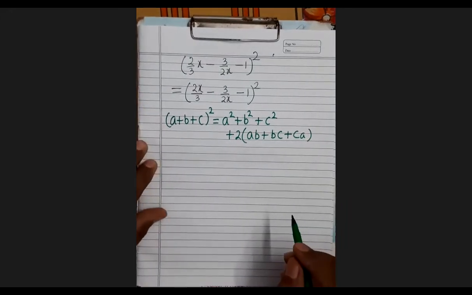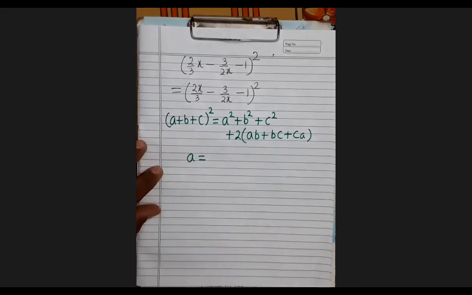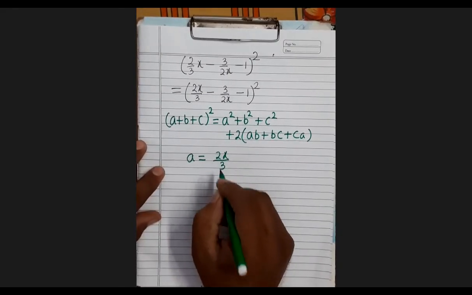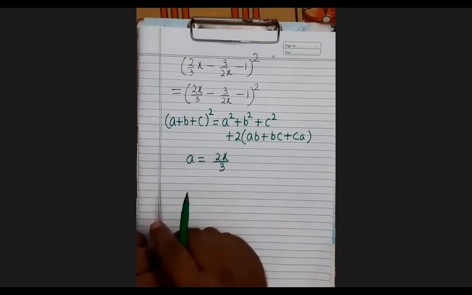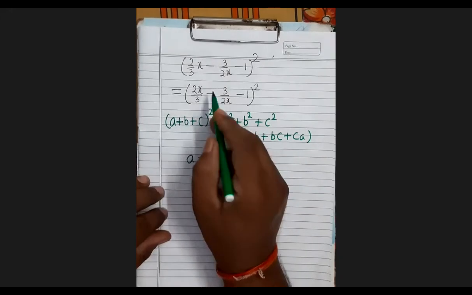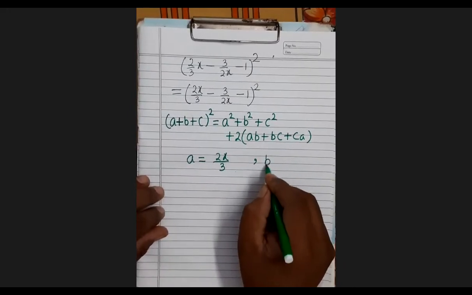Now you tell me what is in place of a. So 2x upon 3. Very good. Now all of you see here. Here there is plus sign, but in the question there is minus. So what will be b?